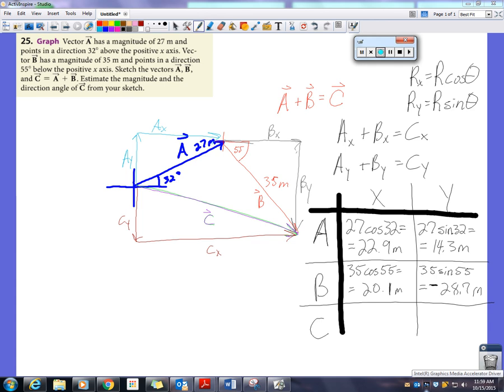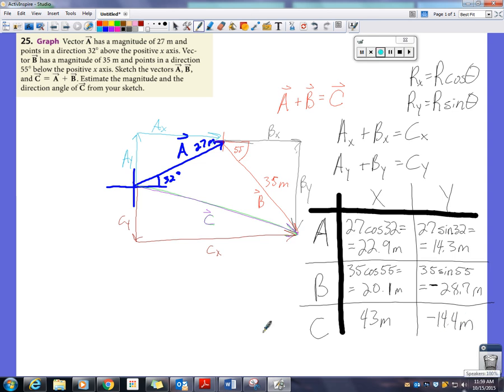So 22.9 plus 20.1 gives us 43 meters. 14.3 plus a negative 28.7 is equal to negative 14.4 meters.